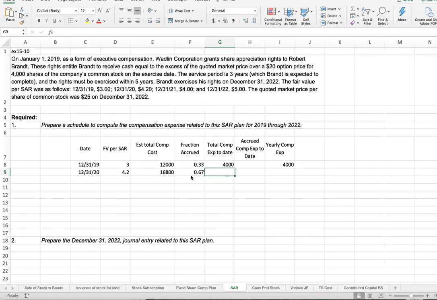And so our compensation to date would be 11,200, or that total estimated compensation cost times the fraction accrued. The accrued to date is last year's. And so the yearly compensation expense would be the total compensation expense to date minus what we've accrued so far. So we get 7,200 for 2020.